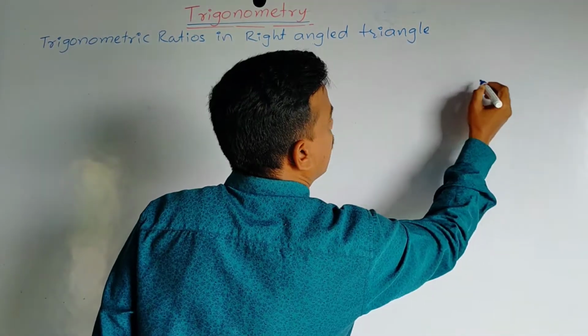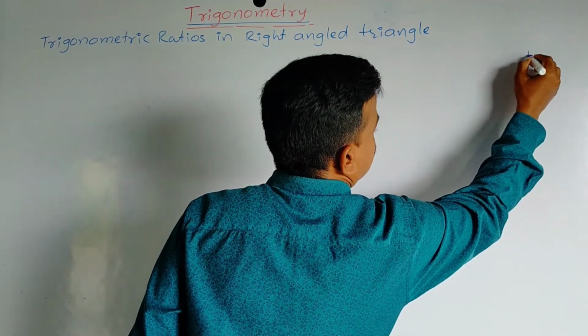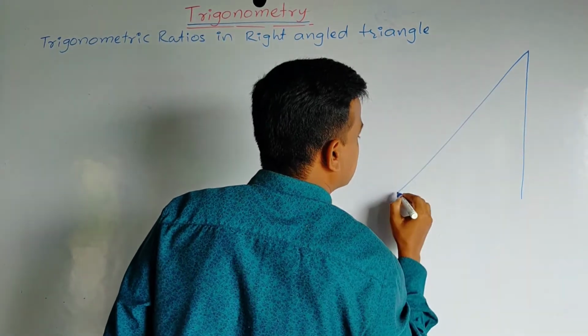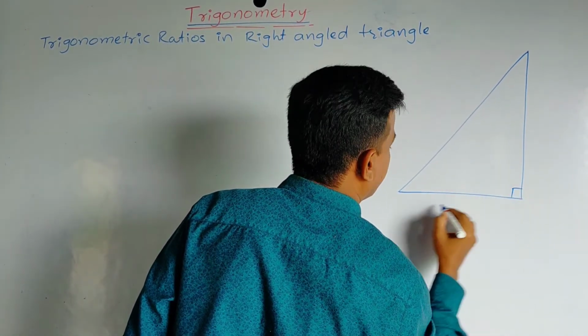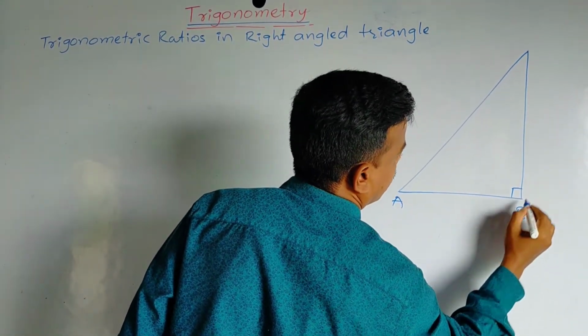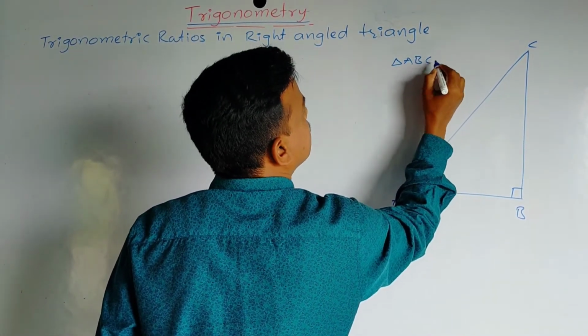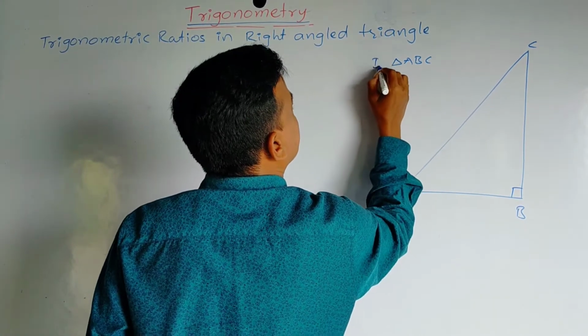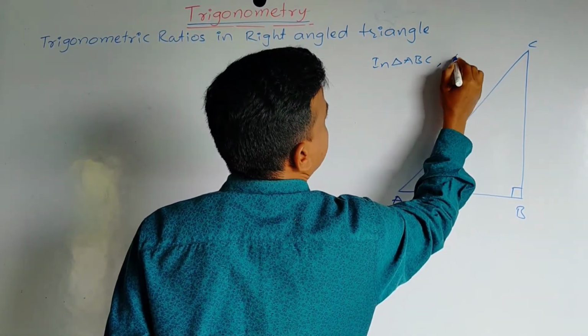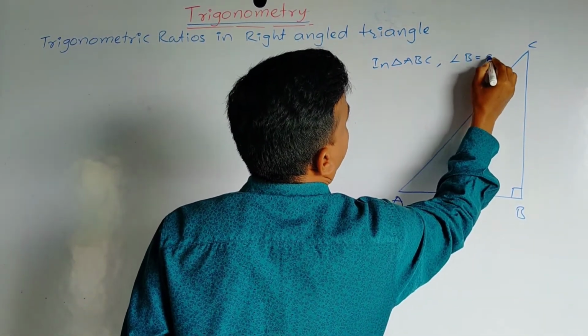First, we have to draw a right angle triangle. It is a right angle triangle ABC. In triangle ABC, angle B is equal to 90 degrees.